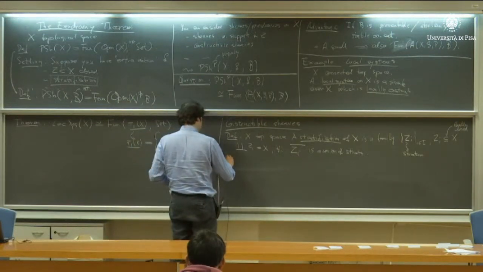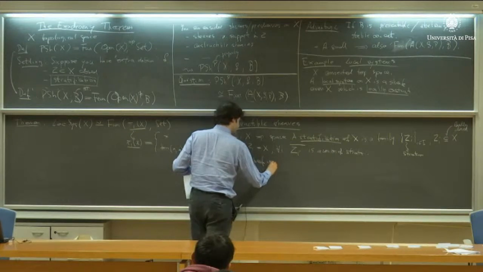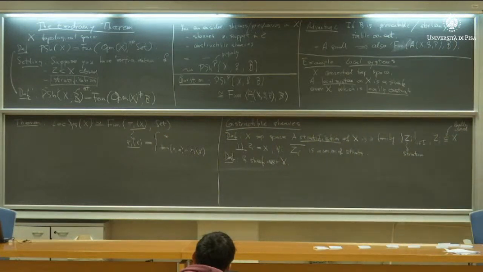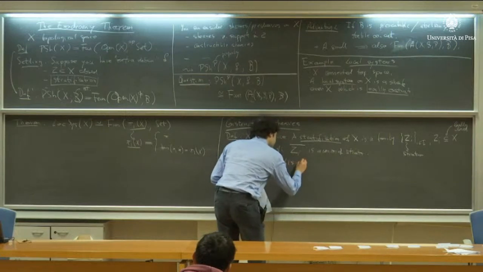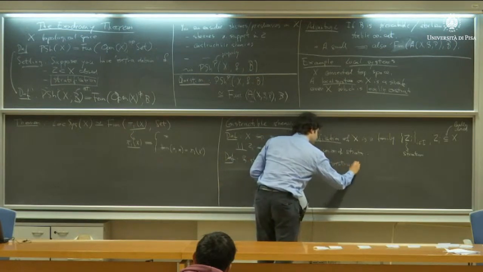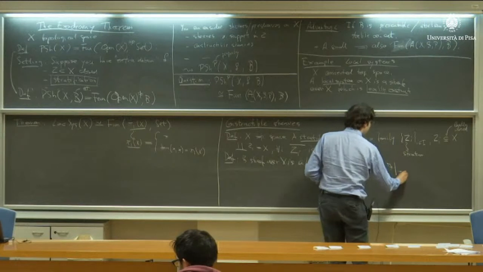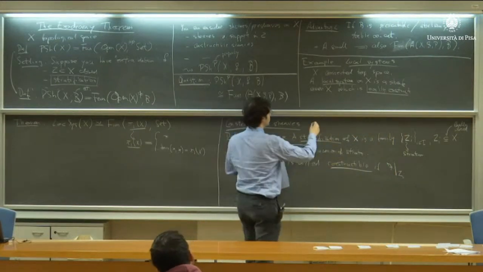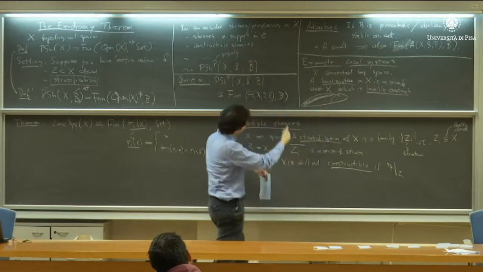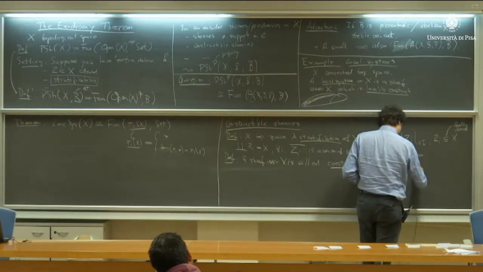Then I can define a constructible sheaf over X. A sheaf F over X is called constructible if the restriction of F to each one of these strata is locally constant, so it's a local system.